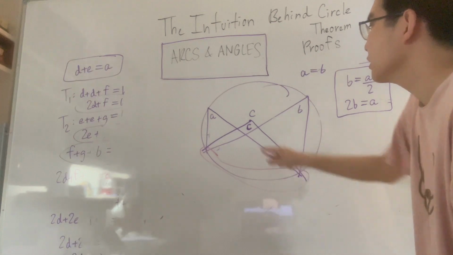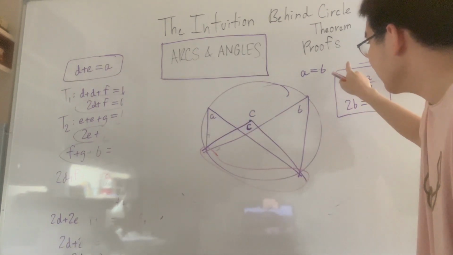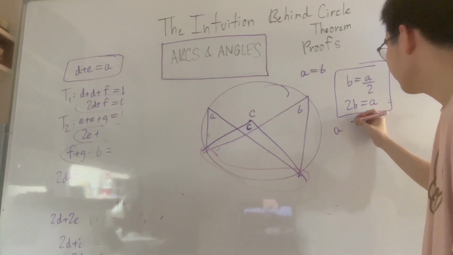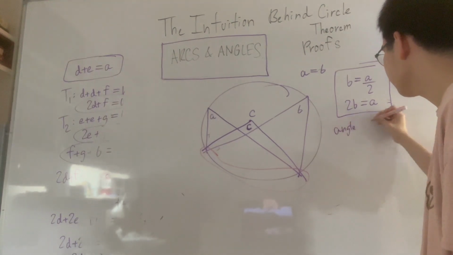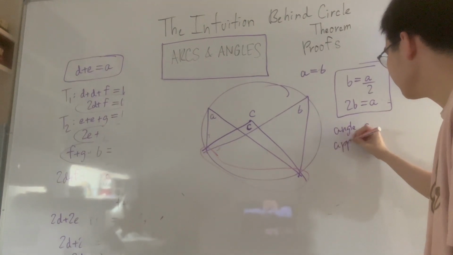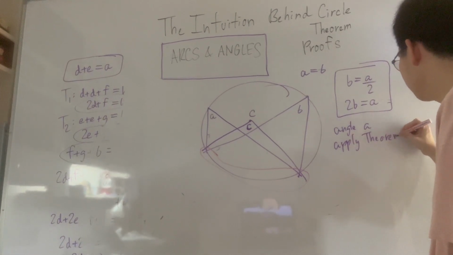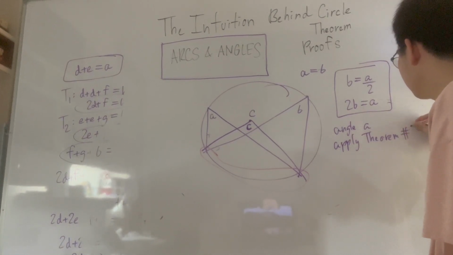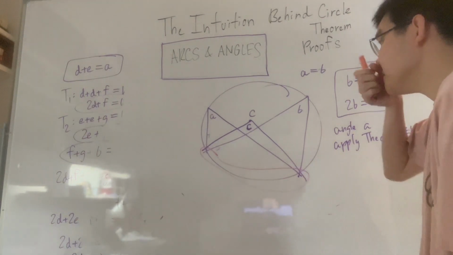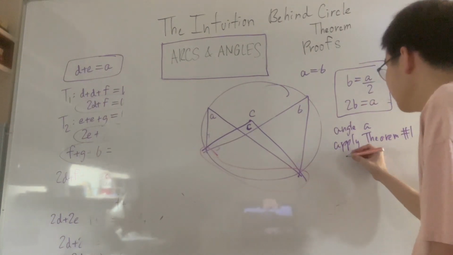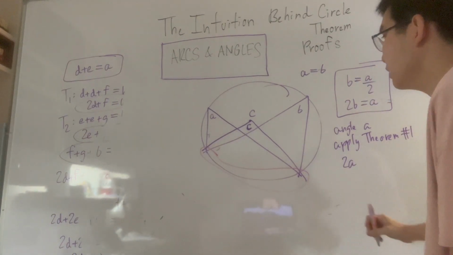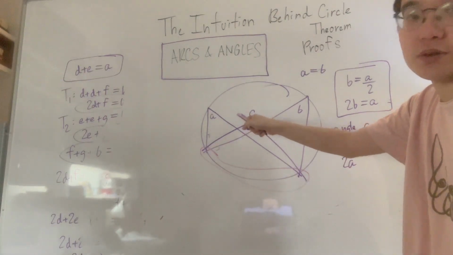So this is angle A. I apply theorem 1. It's going to give me 2A. And that corresponds to this arbitrary angle C over here.